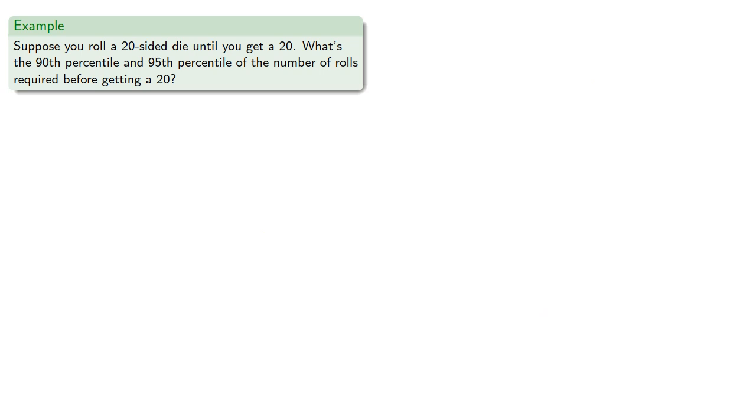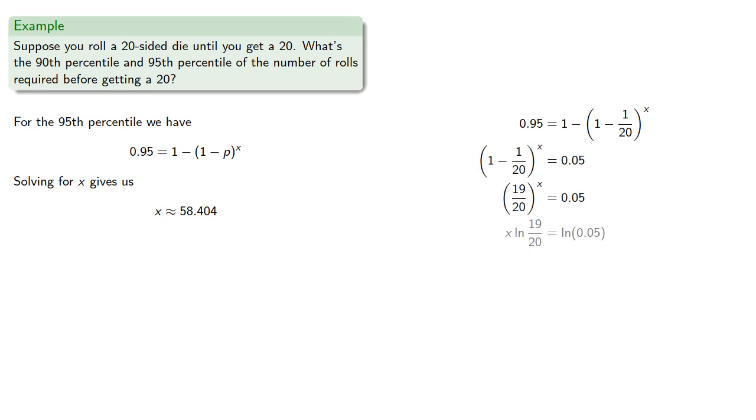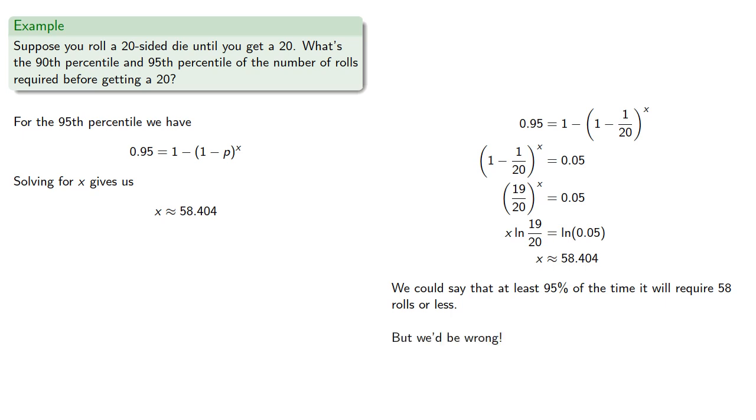It's important to remember that when we have a discrete random variable, we can't simply round our answer. We do have to check both possible rounded values to see which one actually answers the question. So for the 95th percentile, we'd have the equation. Solving for x gives us, and we could say that at least 95% of the time it will require 58 rolls or less, but we'd be wrong.